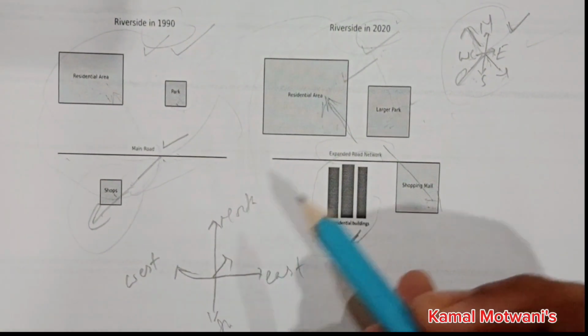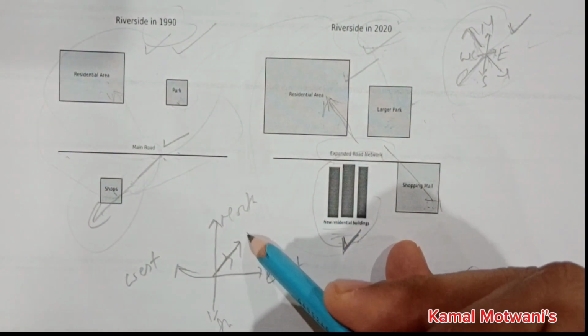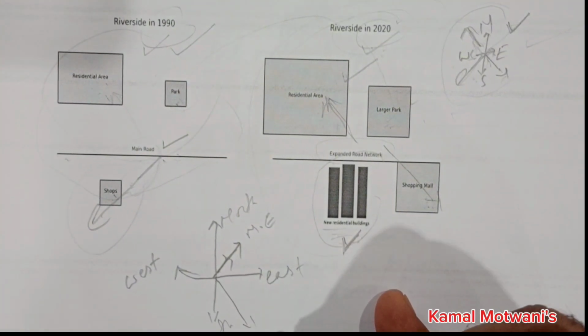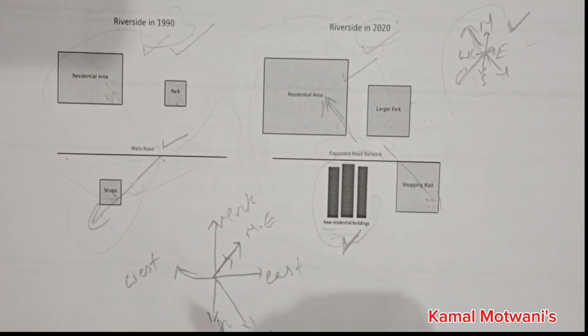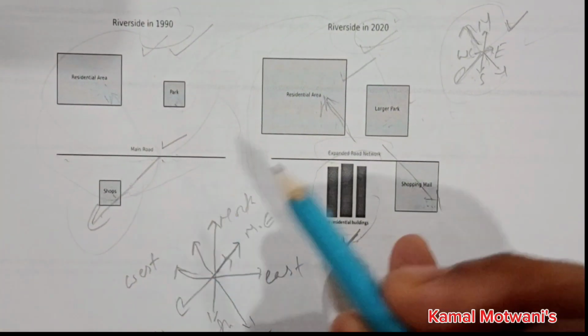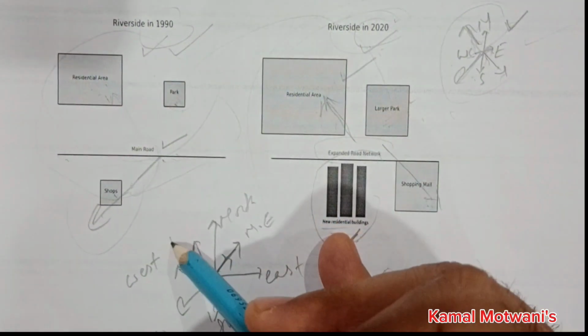Now what does it become? This direction becomes northeast, this becomes southeast, this becomes southwest, this becomes northwest.